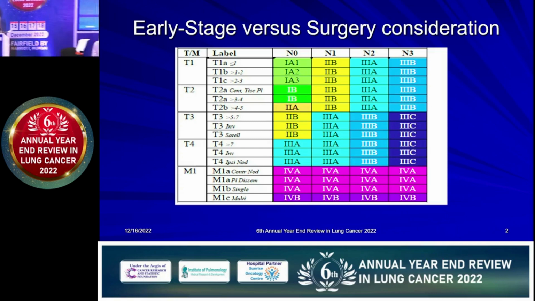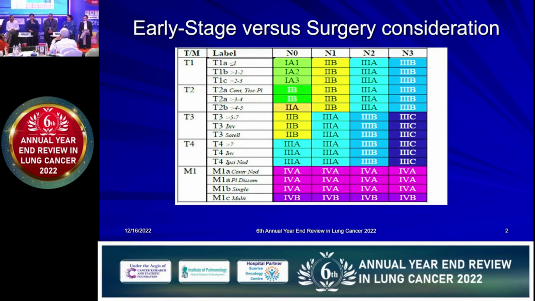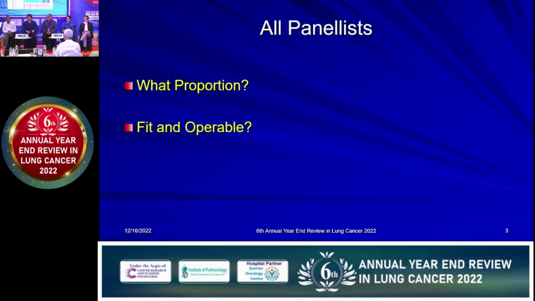Anything that's T1, T2, N0 or N1 would be the upper limit for early stage. Having said that, the definitions differ across papers. Is there any standard definition? There isn't, but I think the consensus would be T1, T2, N0, N1. Okay, so just wanted to get that point across.